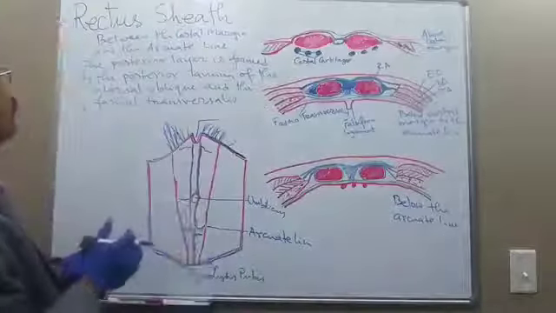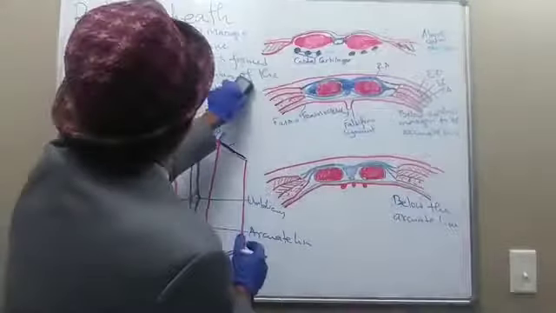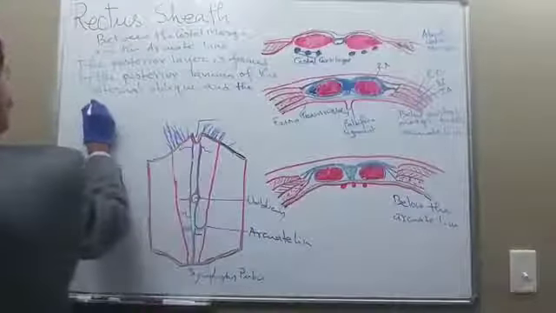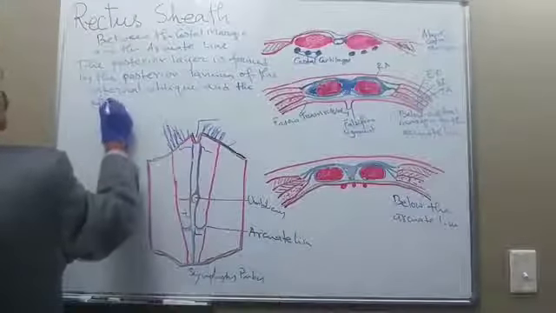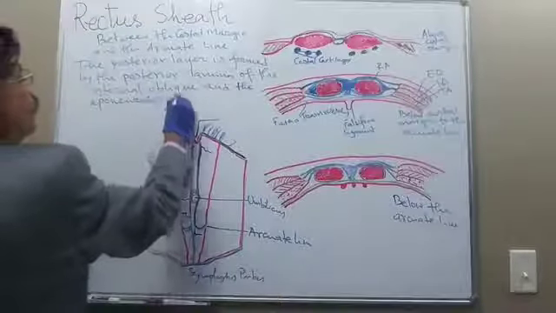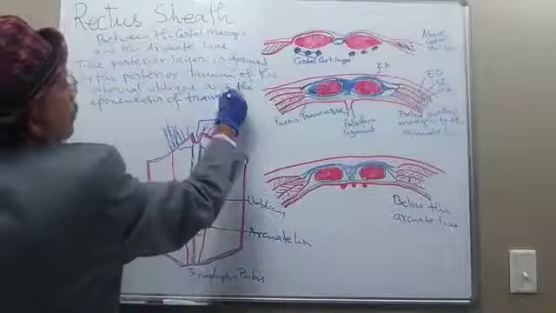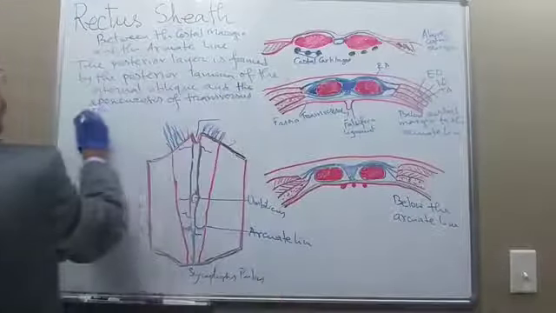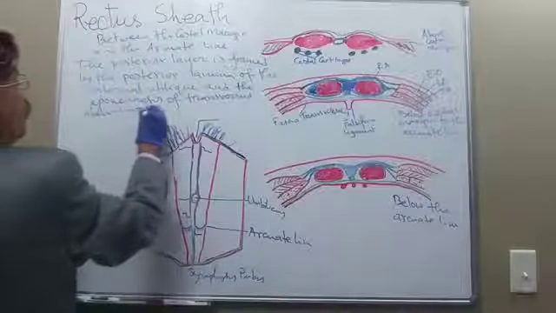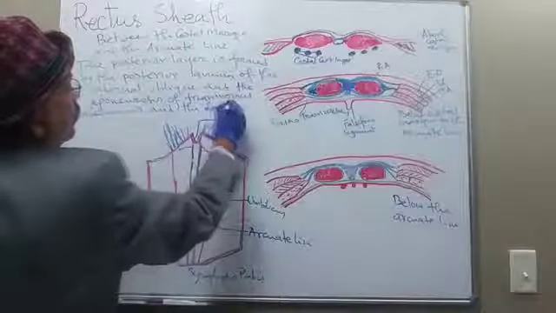We must add here posterior lamina of the internal oblique and the aponeurosis of transversus abdominis and the fascia transversalis.